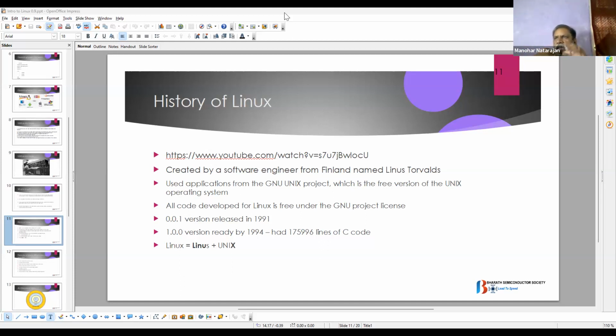So for example, if you take networking, Linux is very strong in networking. Either you can be a client, you can be a server, even standalone routers. Let's say your D-Link or TP-Link router, which is there if you have Wi-Fi.